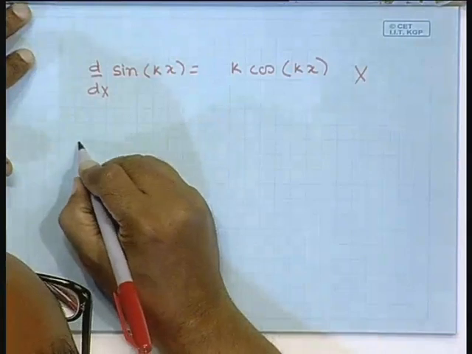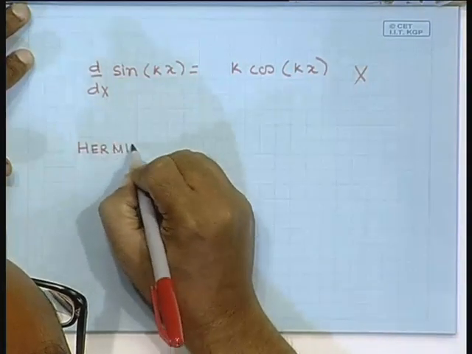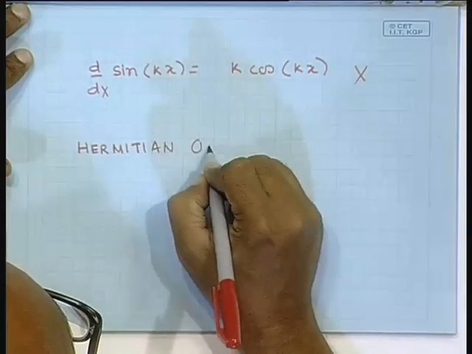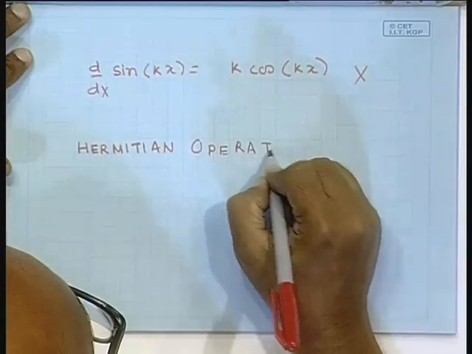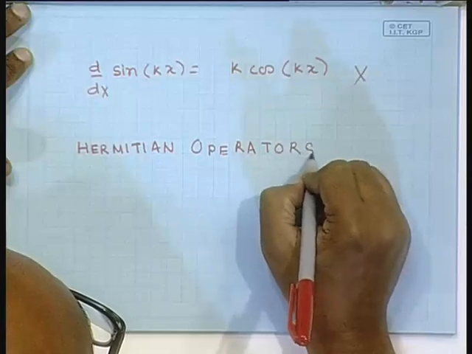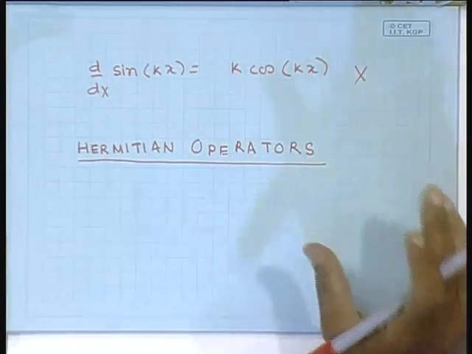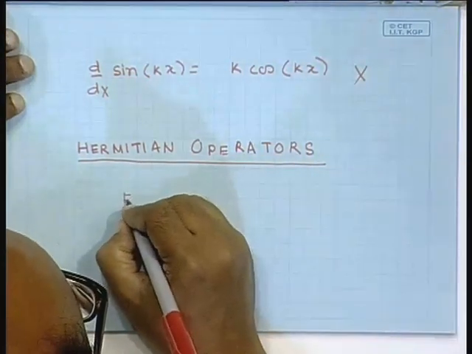So, Hermitian operators are operators all of whose eigenvalues are real. So, Hermitian operators are a particular type of operators which have this special feature that their eigenvalues are all real.